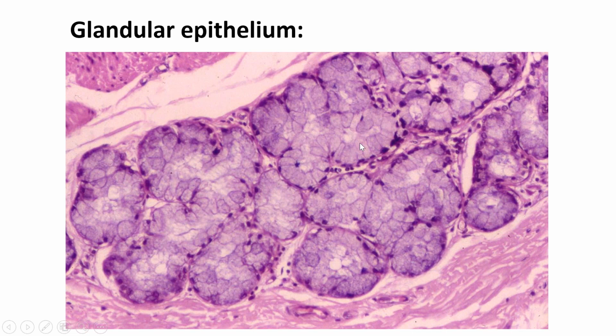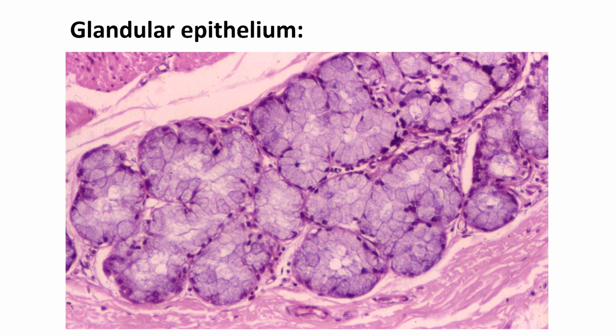So you have exocrine glands and you have endocrine glands, and they are defined based on the location of their secretion. An exocrine gland, by definition, is going to release its product onto the surface of an epithelium. Endocrine glands are going to release their product into the extracellular matrix or into the blood.